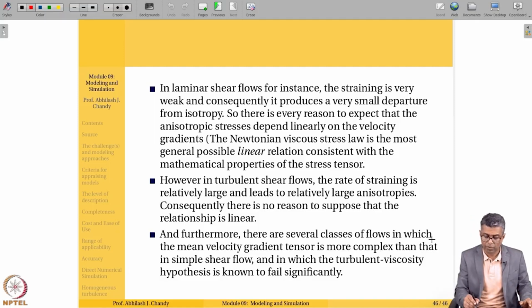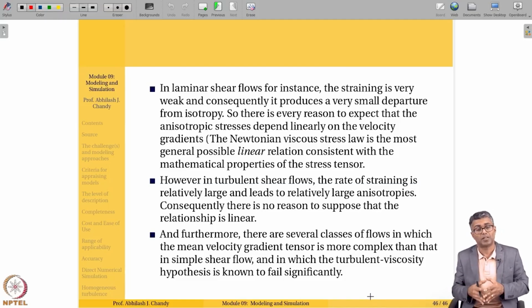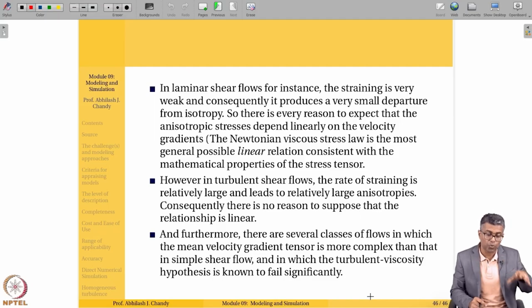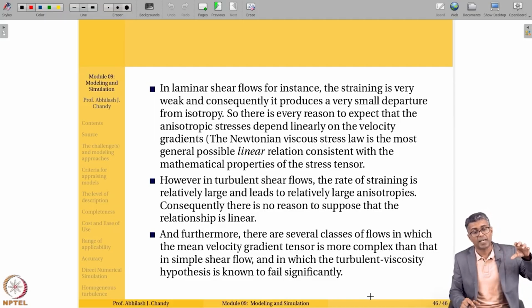In addition, there are several classes of flows in which the mean velocity gradient is much more complex than in a simple shear flow, and in those cases the turbulent viscosity hypothesis would just not hold at all. So those are the limitations of the turbulent viscosity hypothesis which we have seen through an example problem like the shear flow problem.